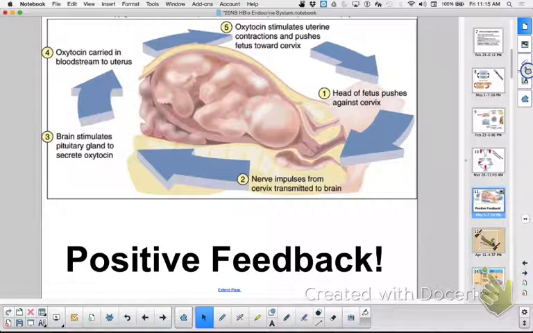That will then have your posterior pituitary secrete more oxytocin, and oxytocin will make your uterus contract even more, which pushes more against your cervix, which comes back, and even more oxytocin, push more, push more, push more until the baby comes out. So this is amplifying, amplifying, amplifying for a purpose, to trigger something else, like the baby getting born.